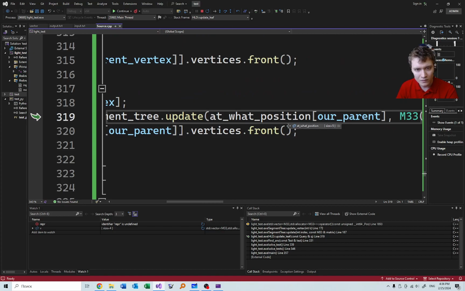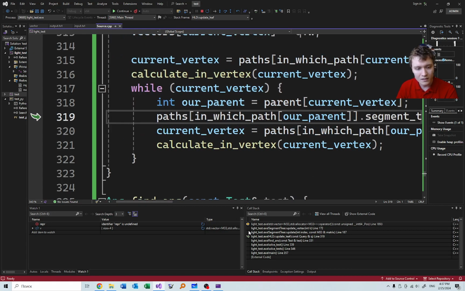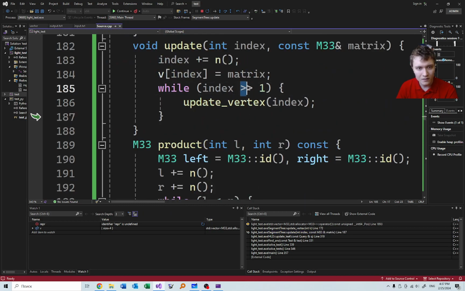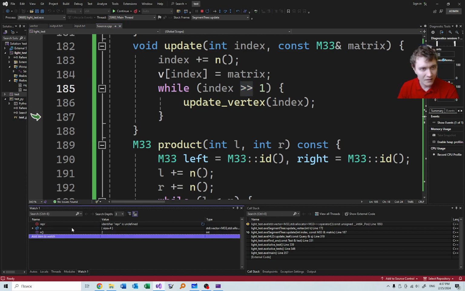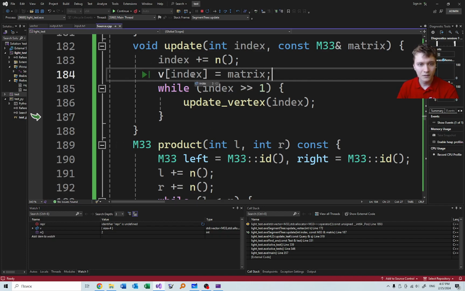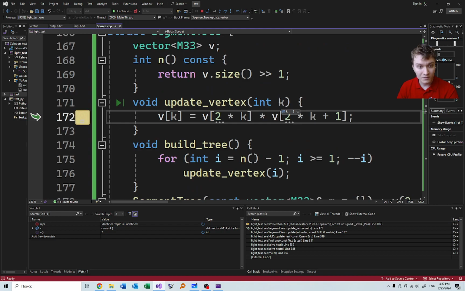Our parent is 2, and it is at position 1. I see. What is n? N is 2, so index was 3. Now index should be 1 actually, but it is still 3.